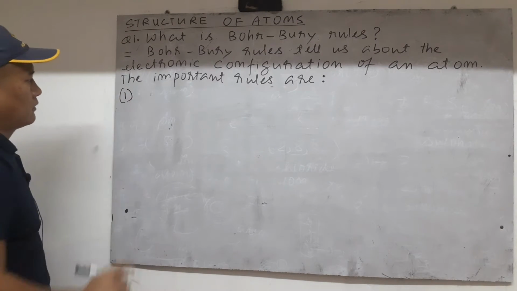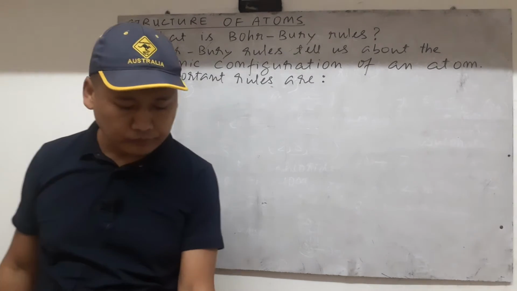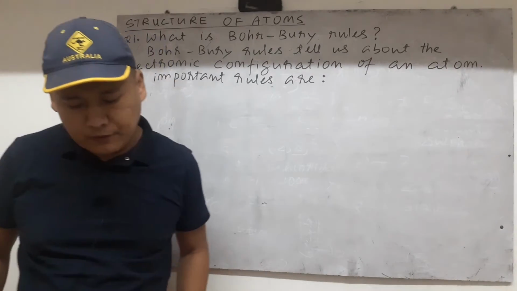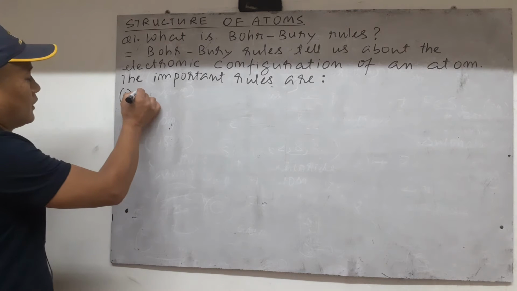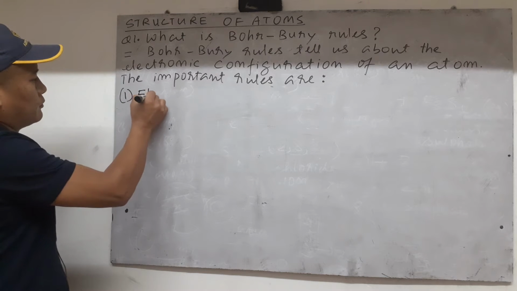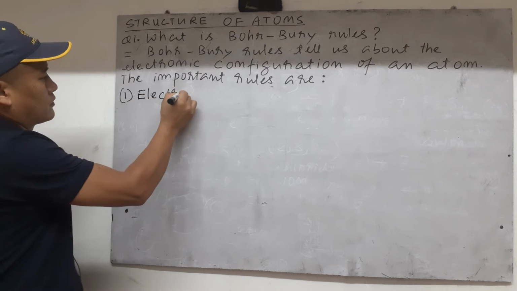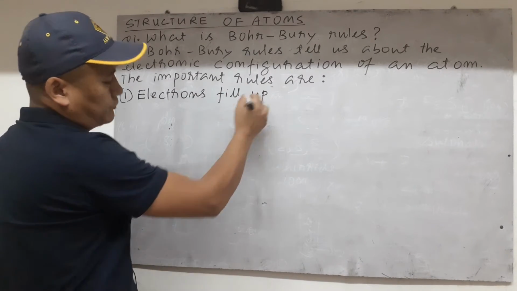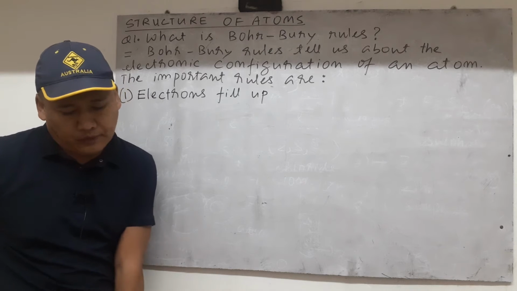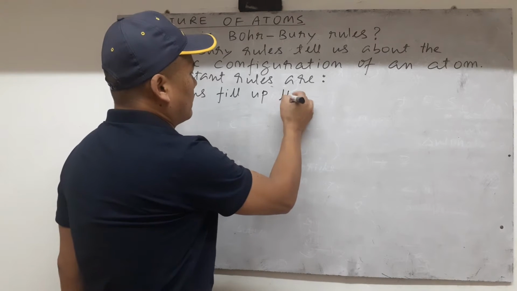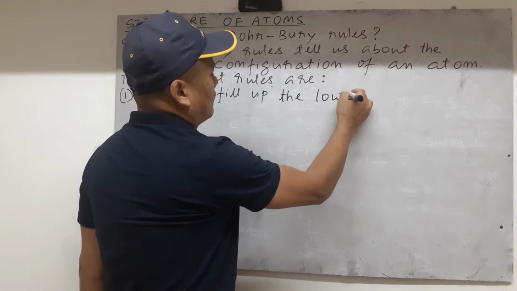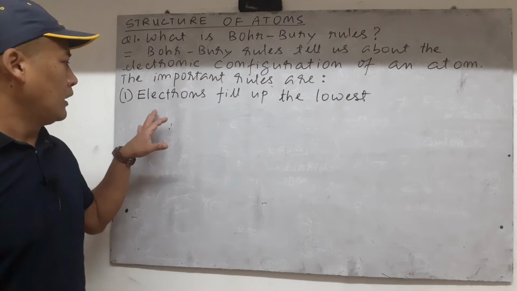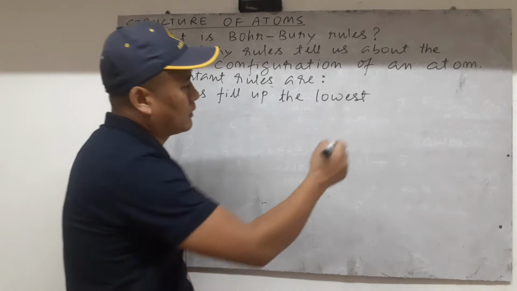Point number one: electrons fill up the lowest energy levels first. So this is the first Bohr-Bury rule. Just write it down. We will explain in a simpler way as we go on.